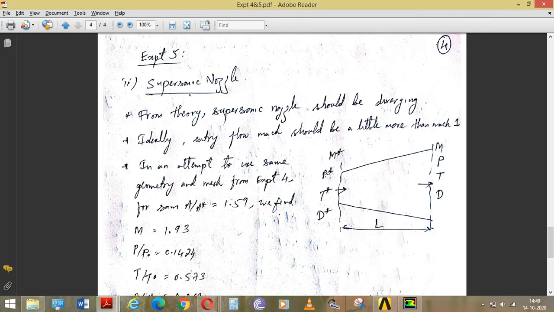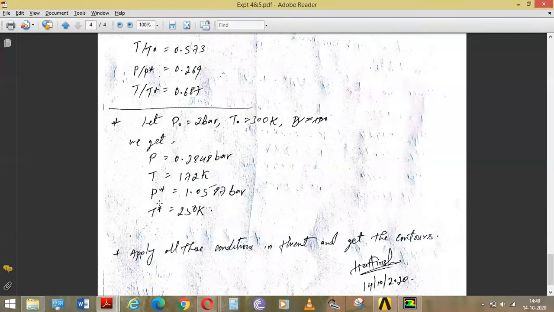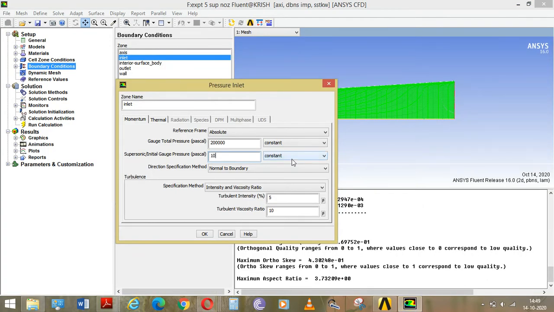For the nozzle, P star is the inlet pressure. So what is P star? P star is 105870 pascals. You can cross check: 1.0587 bar.